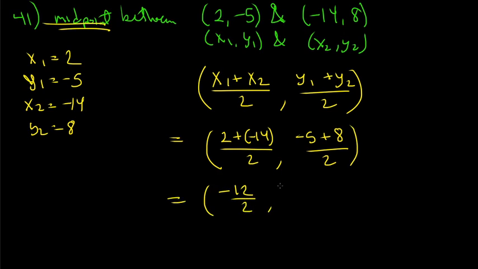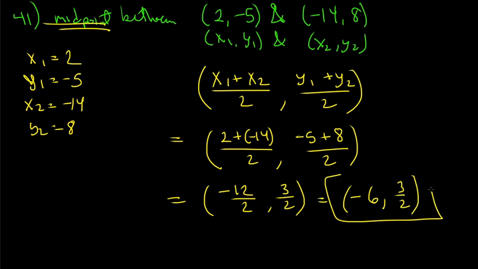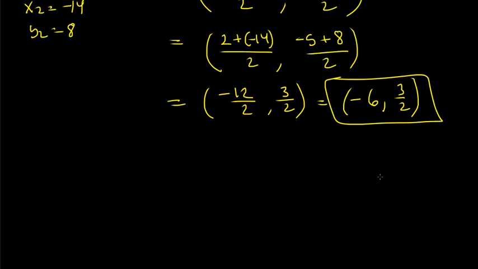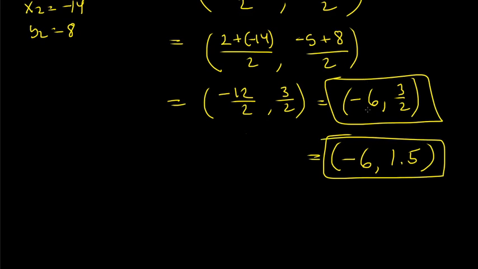And then -5 plus 8 is 3 over 2. So -12 over 2 is just -6. And then you can leave it as 3 over 2. Now, if you prefer decimals, -6 and 1.5. I'm not picky about that. Either way is fine. Just be aware that you can only do that because it's a terminating decimal. If it's a repeating or non-terminating decimal, then leave it as a fraction.